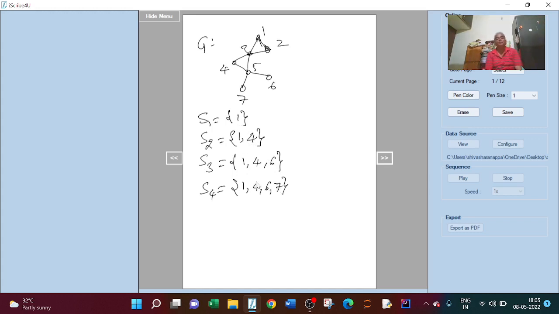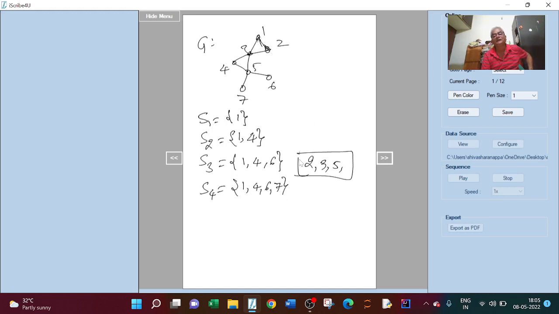Now, can we add some more vertices to this S4? What are the remaining vertices here? 2, 3, 5. So these three vertices are remaining. Can we add 2 to this S4 so that the resulting set is independent? If I add 2 to this, then it will lose the property of independence because 1 is adjacent with 2.